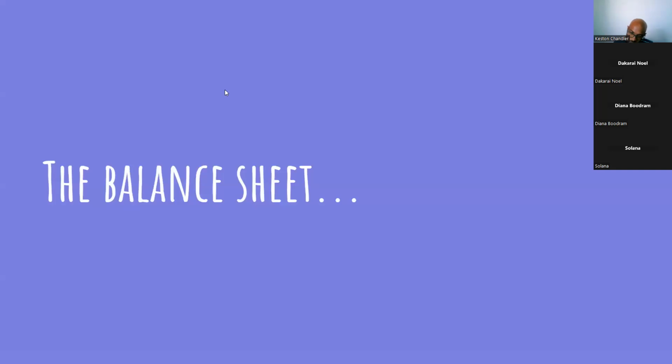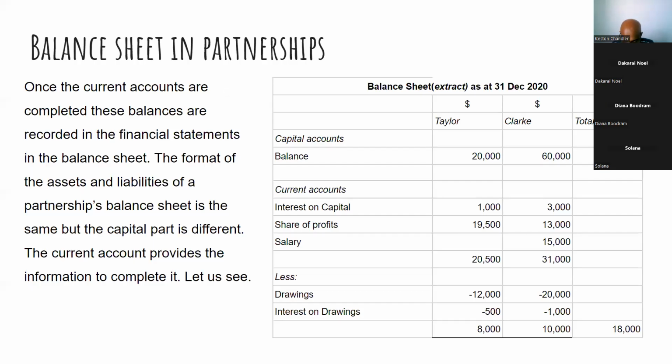Right. So now that we understand the current accounts, we want to take a look at the balance sheet. Now for the balance sheet, nothing really changes to the upper part of the balance sheet.